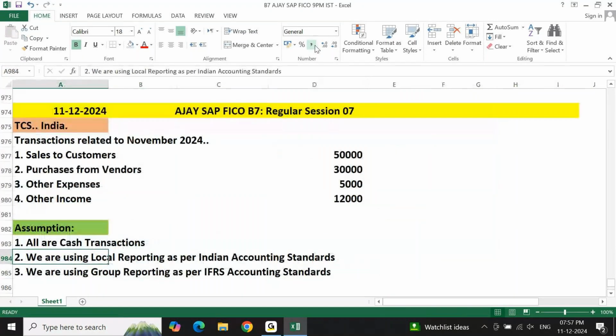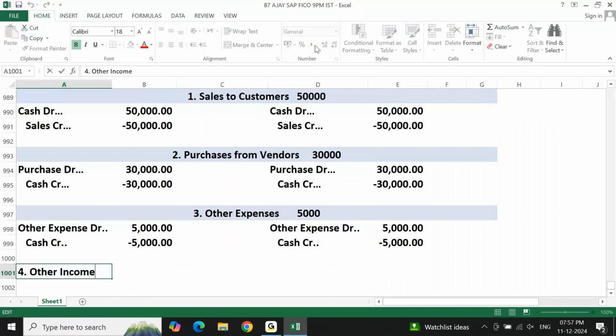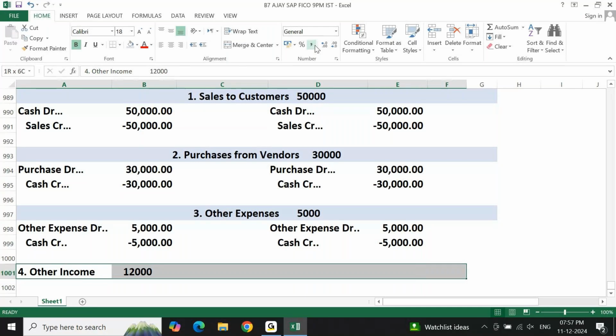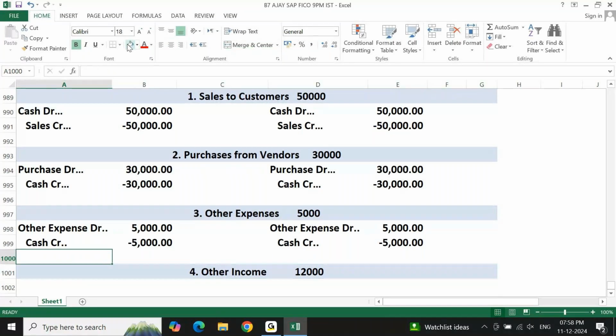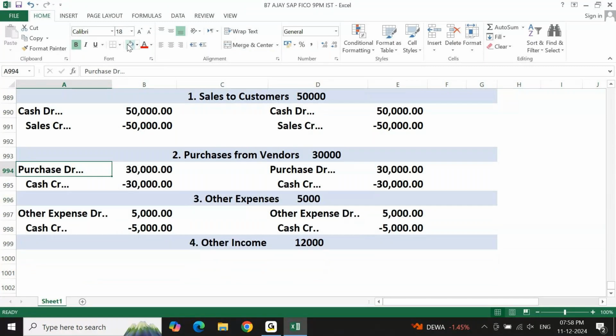Last entry we were talking about is other income for 12,000 rupees. I'll put this other income, and this is going to be 12,000. Let me remove these blanks so that we can see everything in one go.